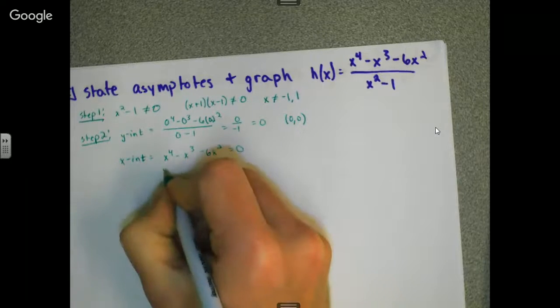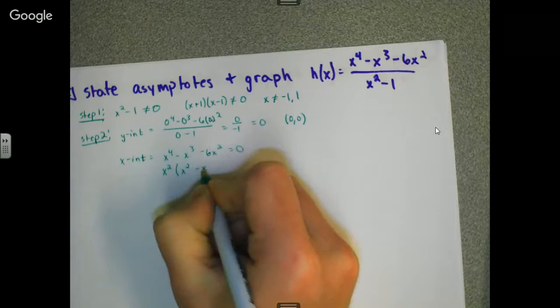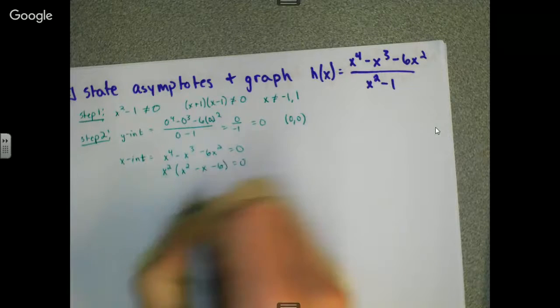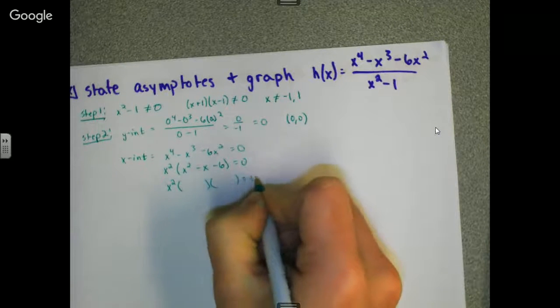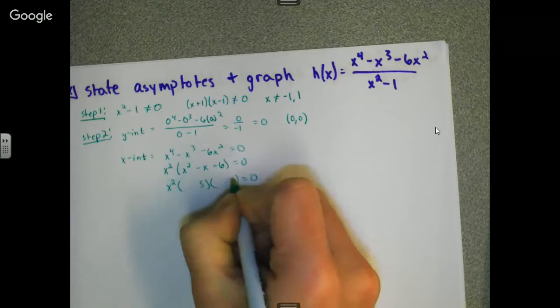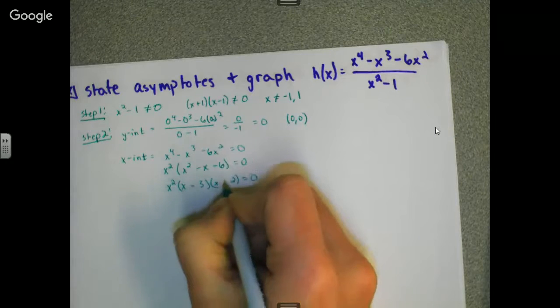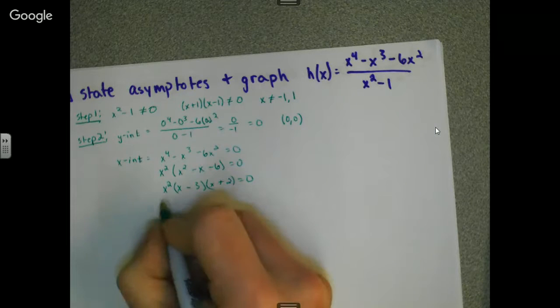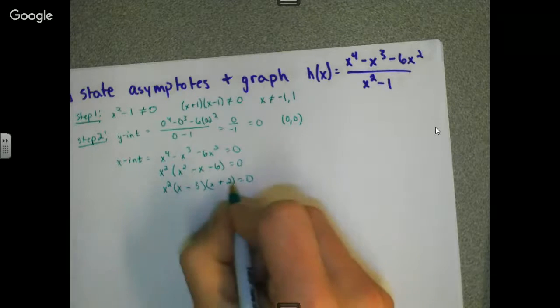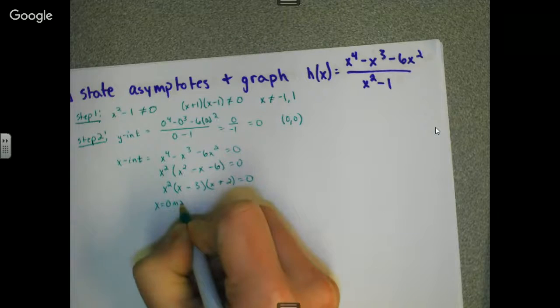So I've got x squared times x squared minus x minus 6 equals 0. X squared, factors of 6 that subtract to 1, that's 3 and 2. X, signs are different, the bigger one's minus. So then we set each one of these equal to 0. So you have x equals 0 multiplicity of 2.